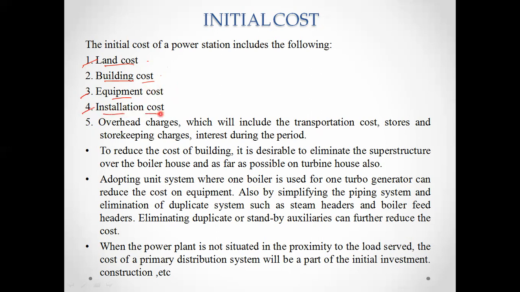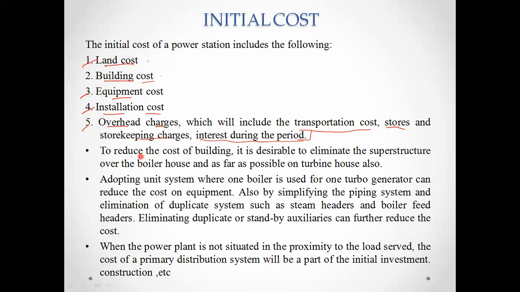Then comes the installation cost, since all this has to be installed. Then overhead charges, which include the transportation cost, storekeeping charges, and whatever interest is applied during this period. All this comes under the initial cost.